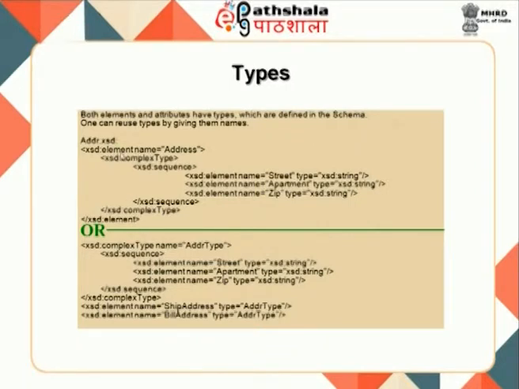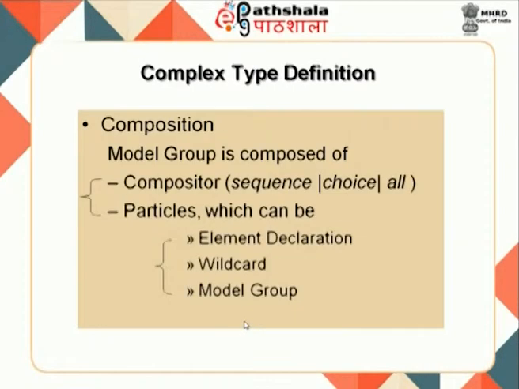In the element tag you give the name, whereas in the complex type tag you have given the name as address type. Now when you create another element called ship address, you give the type as address type, which you have already created. So this way, when you create a complex type, you give a name for the type and you can reuse it in other types to define other data types.